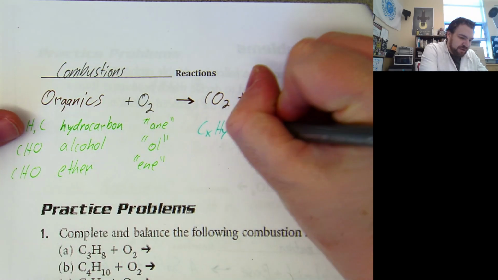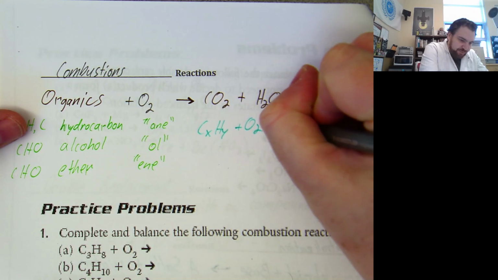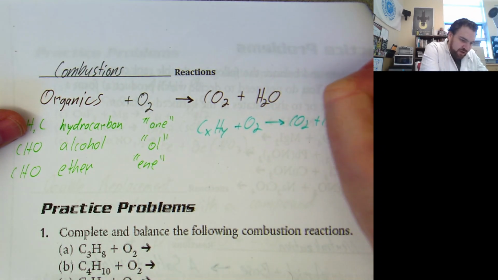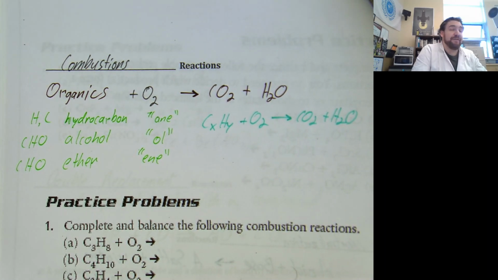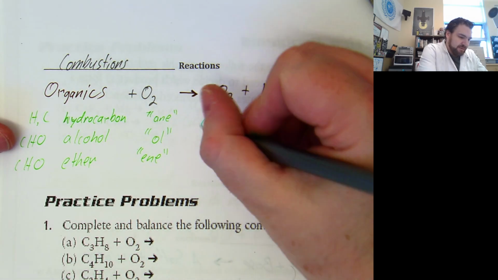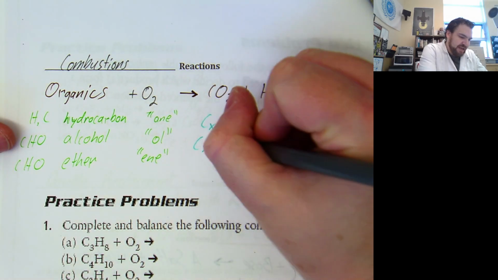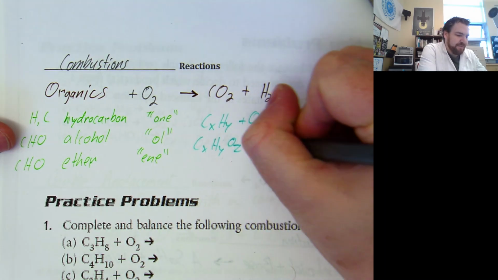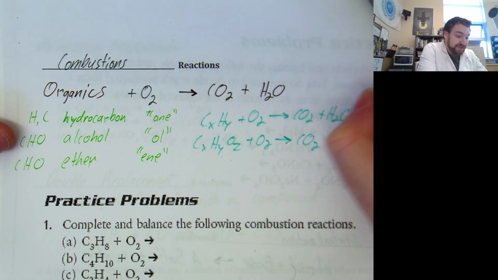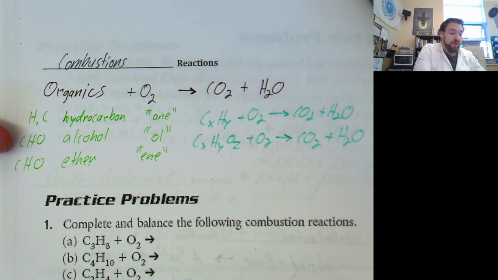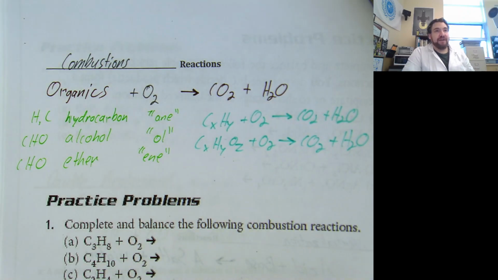They're going to react with O2. They're always going to produce CO2 and H2O. The alcohols and the ethers have the same kind of formula. It's going to be CxHyOz plus O2, which is going to give you, again, CO2 and H2O when you burn them every time.